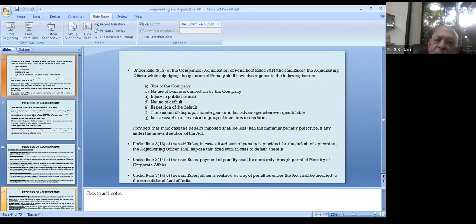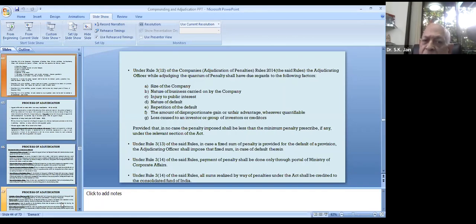So these factors will be applicable where the words used are not less than 1 lakh, which may extend to 5 lakh. Then discretion is between 1 lakh to 5 lakh. In that case, he will consider all these factors: size of the company, nature of business carried on by the company, injury to public interest, nature of default, repetition of default.